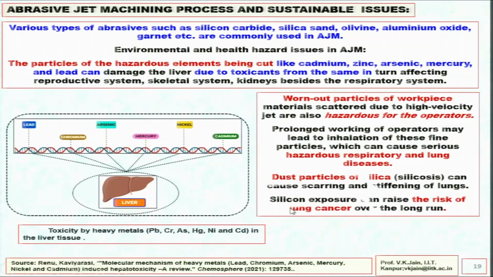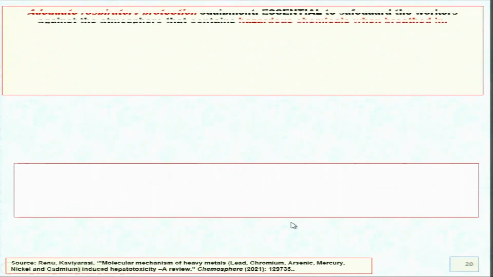So one has to be really very careful about it. Dust particles of silica can cause scarring and stiffening of lungs. Silica exposure can raise the risk of lung cancer over the long run. So one has to be very careful. No exposure to silica should take place to the operators and the people working in surrounding areas.